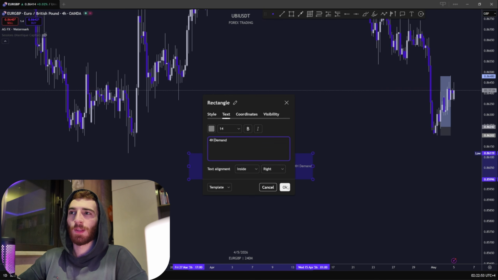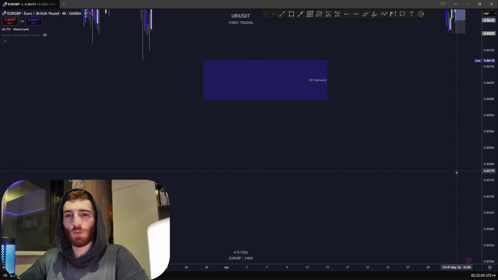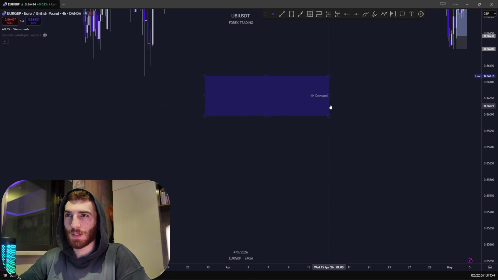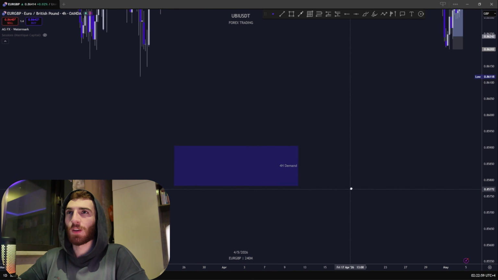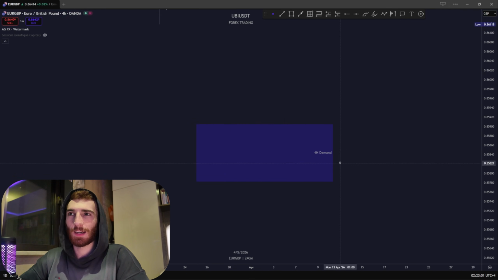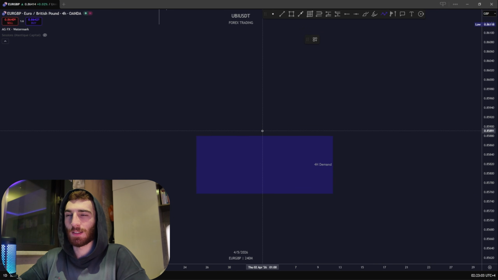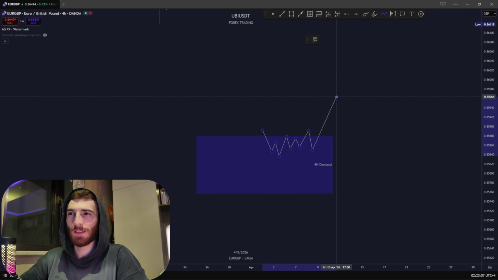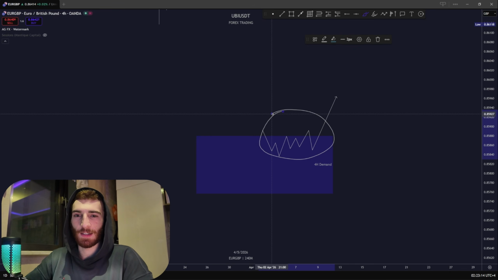So it's 4 hour, and once price taps into our 4 hour demand zone, what should we do? We should switch to 50-minute time frame right here, and wait for some sort of confirmations, and this movement should happen in 50-minute time frame.